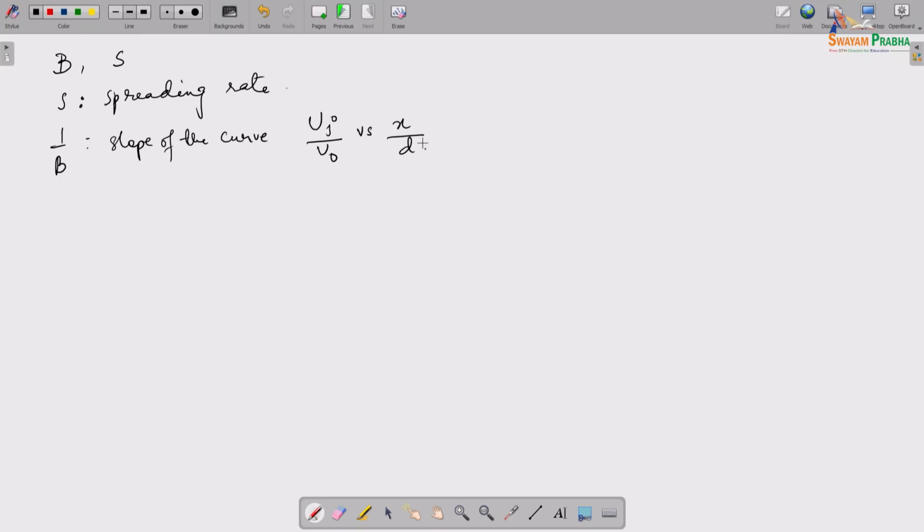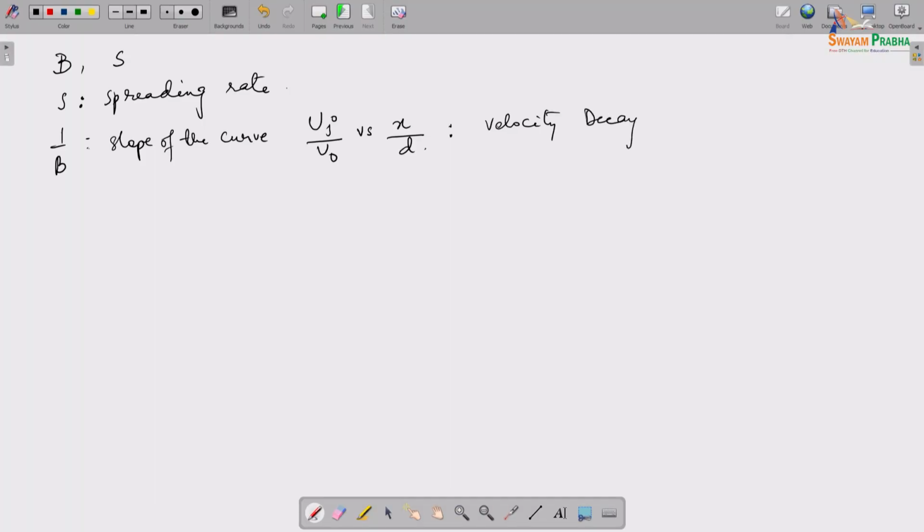So what we had done, I'm going to quickly remind you: B is an empirical constant, the slope of the curve, and this is also the velocity decay constant, and S is the spreading rate.